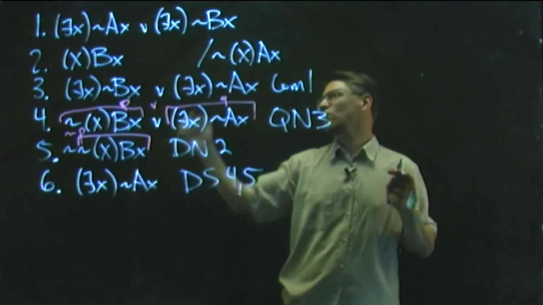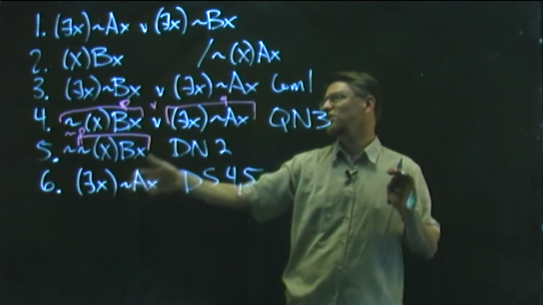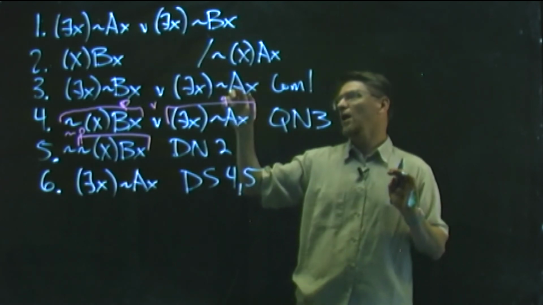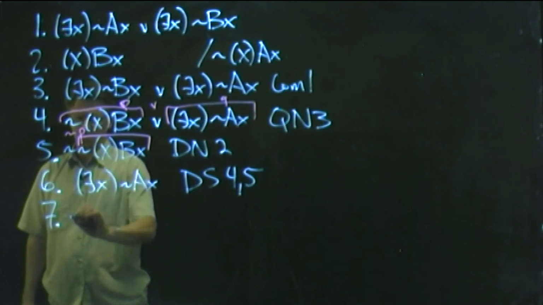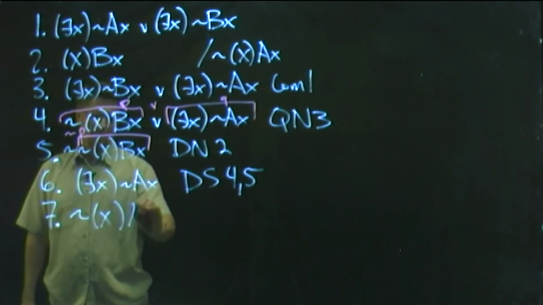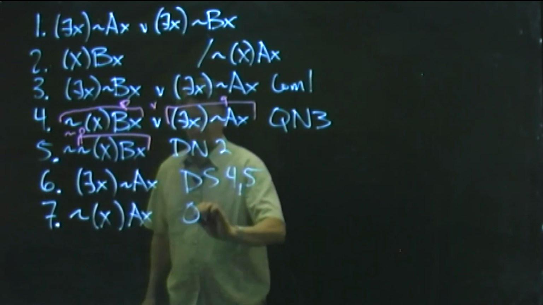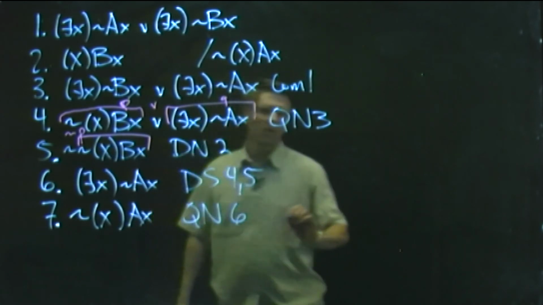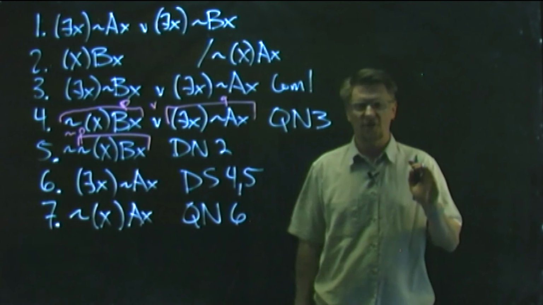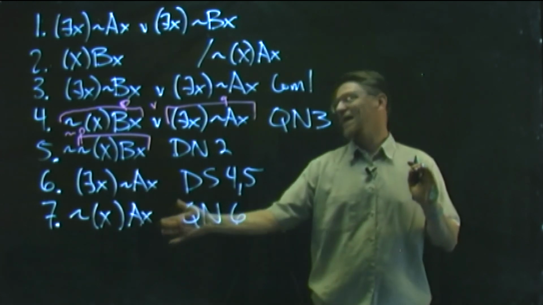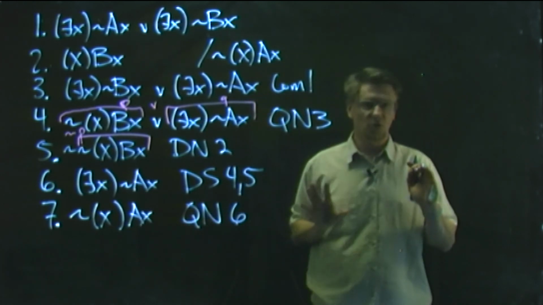All I need to do, of course, comparing the conclusion to number 6, is change the quantifier. And we can do that by simply moving the tilde. We just move the tilde to the other side, and it changes the quantifier every time. And of course, that matches our conclusion, and so we're done with this one.